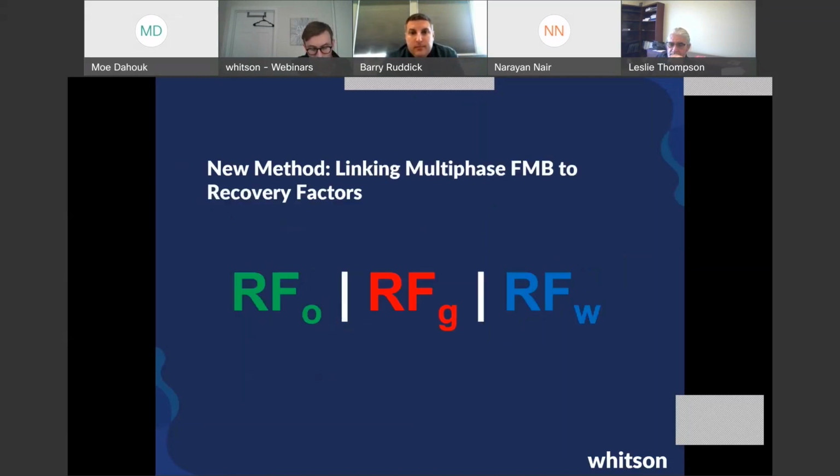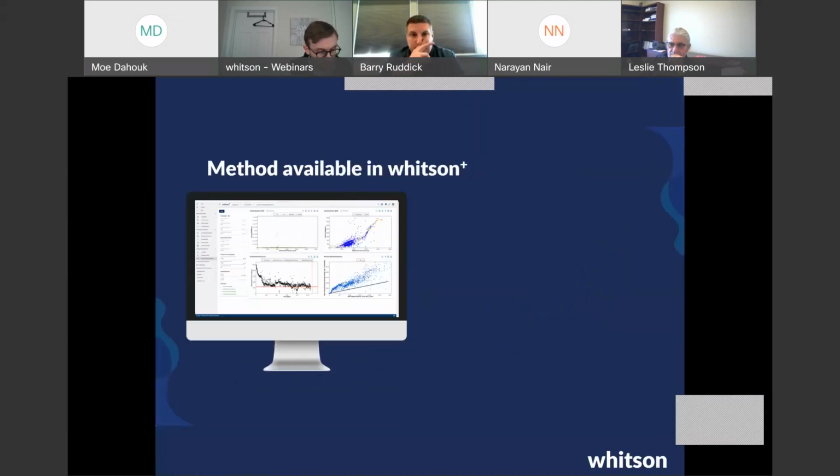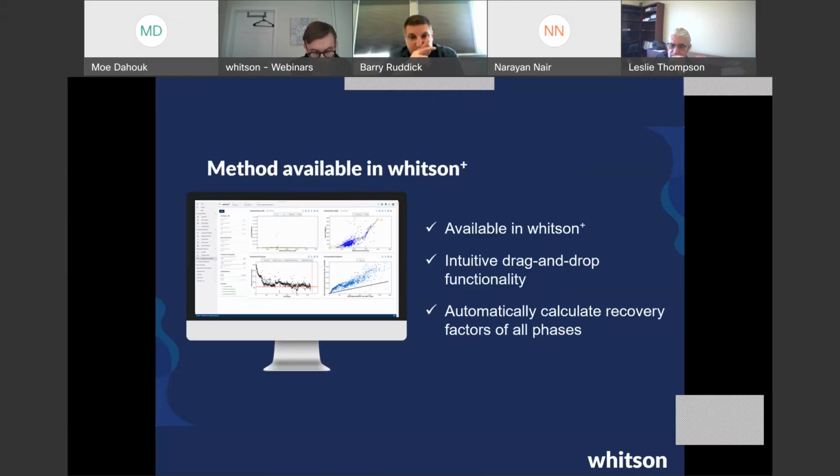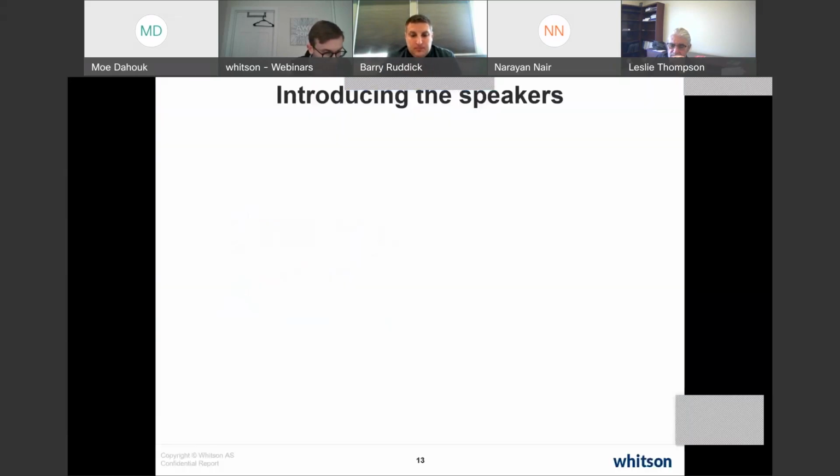Now we're going to take that one step further and look at how we can calculate the recovery factors based on this method. That recovery factor analysis method is available in Whitson Plus, our software platform. It offers intuitive drag and drop functionality, and will automatically calculate recovery factors after you've completed a few steps that these gentlemen will talk about.